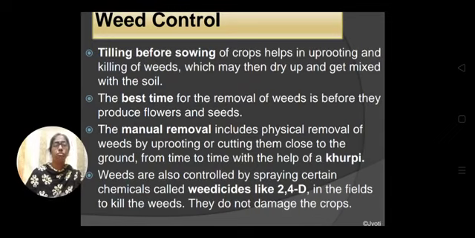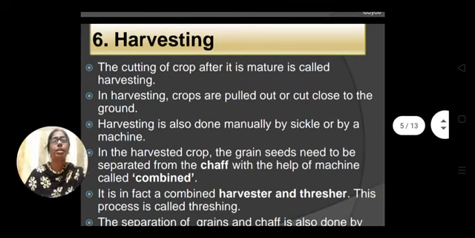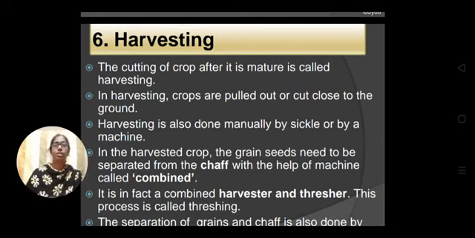For that reason, we have to wash the fruits, vegetables or grains before using. Okay. The next basic activity is harvesting.